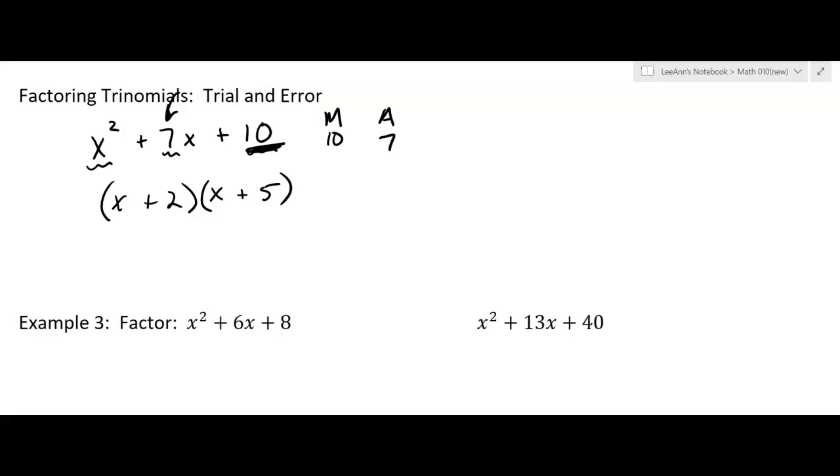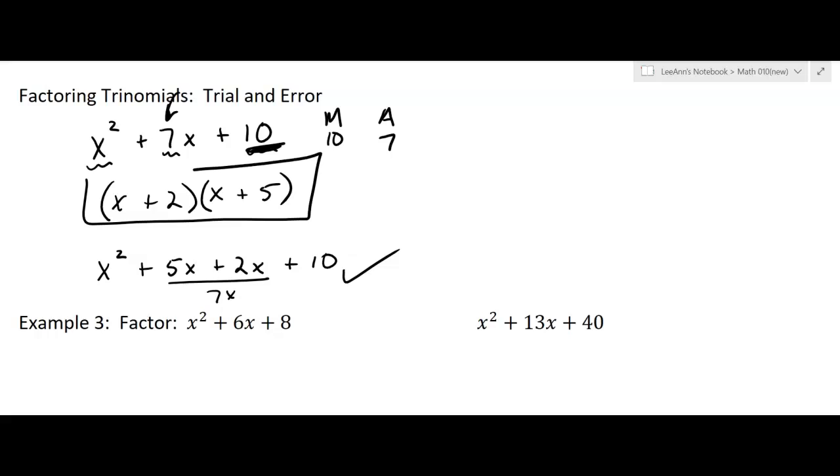What if I did it wrong? How do I know? I can check it by FOILing. So first would be x squared, the outers would be 5x, the inners would be 2x, and the last would be 10. Does 5x plus 2x make 7x? Then yes, it checks, and this is the answer.